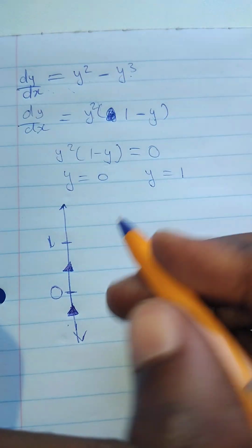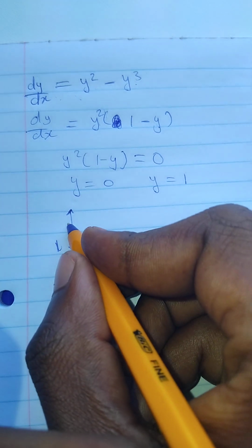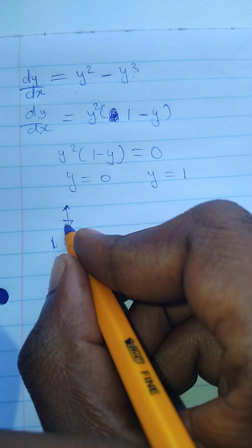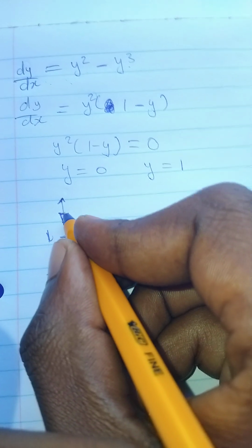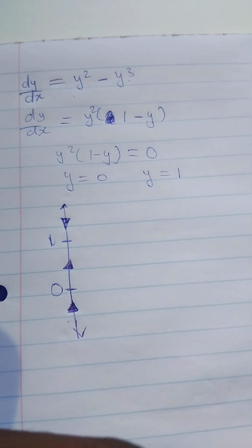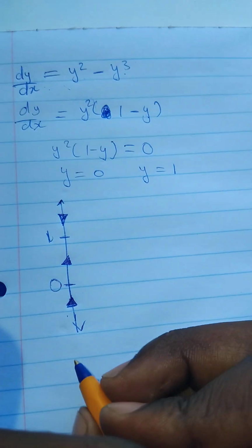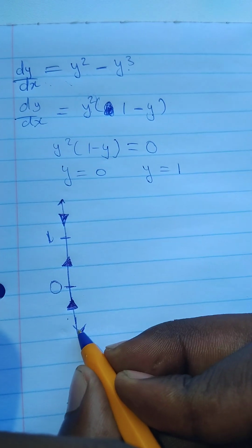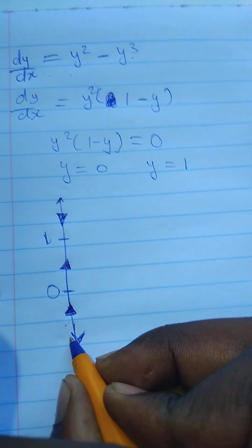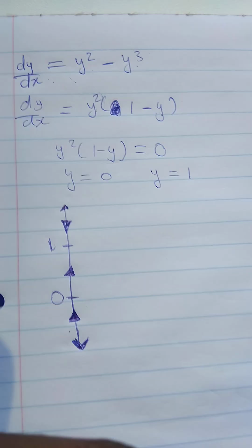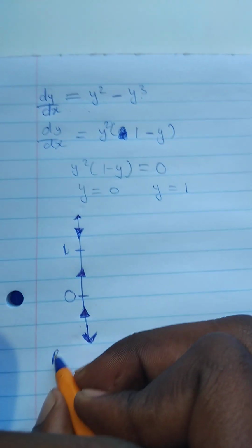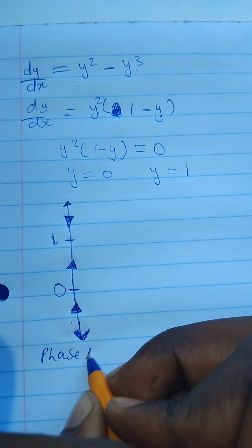Since y squared is always gonna be positive, then my arrow is gonna face down. We get that dy by dx is less than 0. Okay, it's negative. Yeah, so that is gonna be my phase line. This is not part of our arrows, it's just an axis. So that is the phase line.